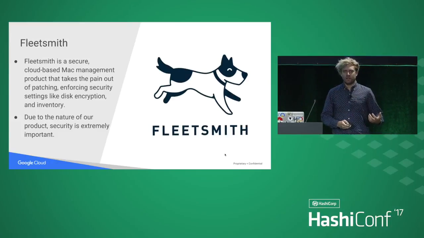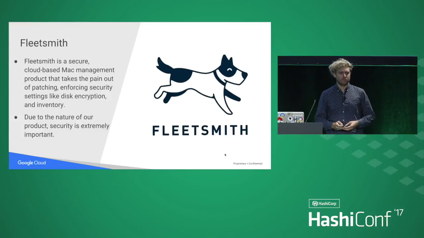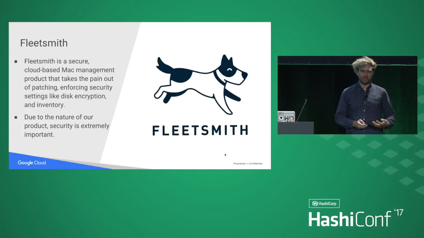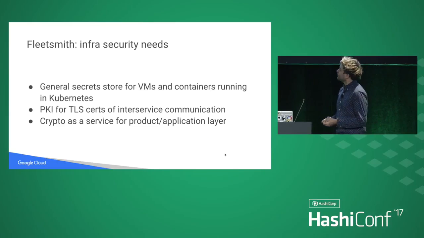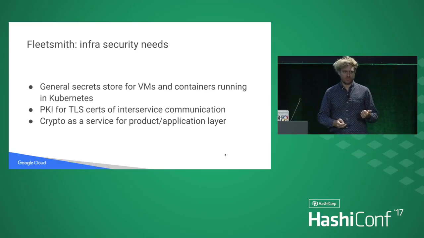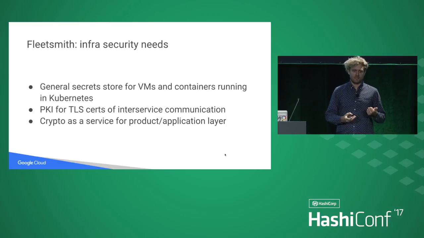When we initially set out to build our infrastructure, we had a high bar for infrastructure security. There were three things that we were really looking for. The first is just a general secret store. This is something that Vault obviously does very well.